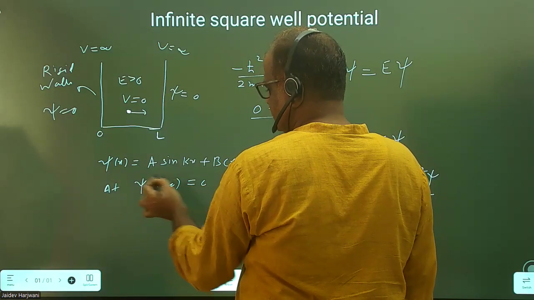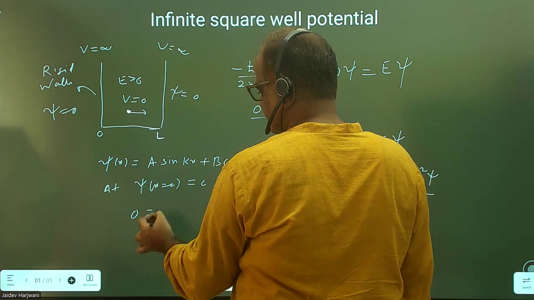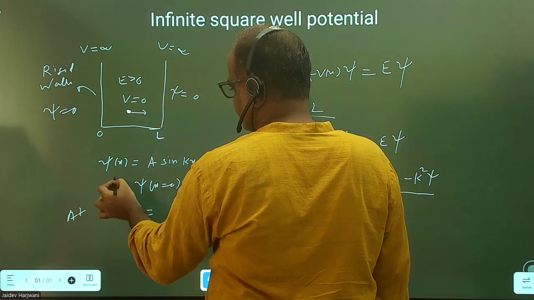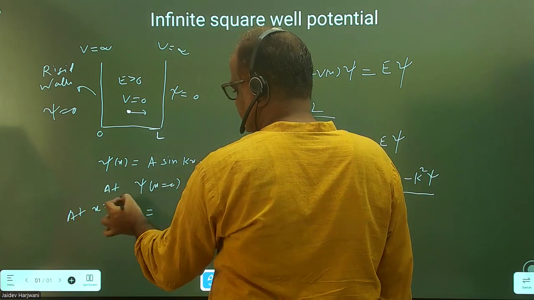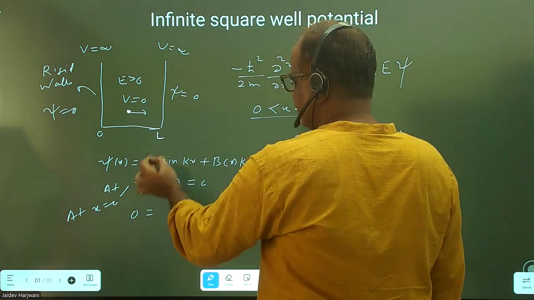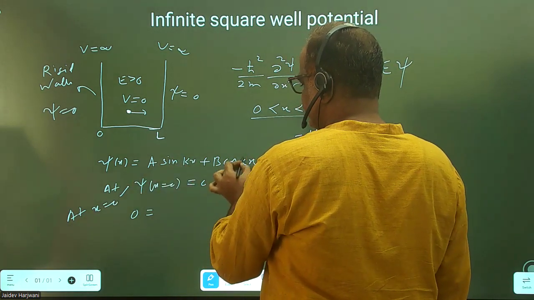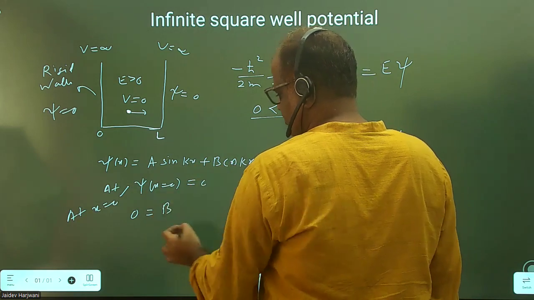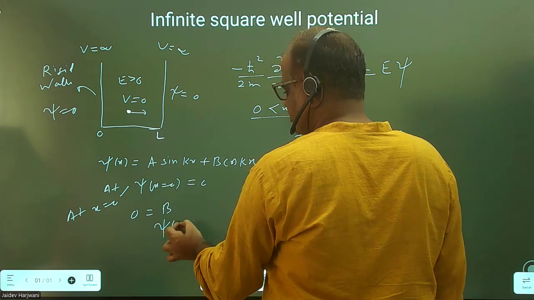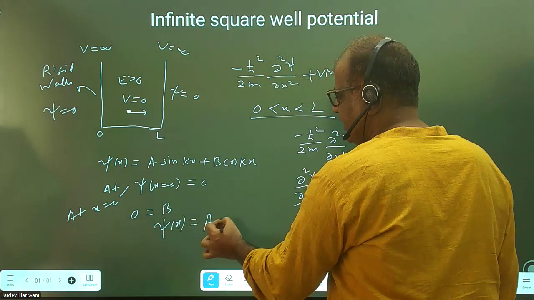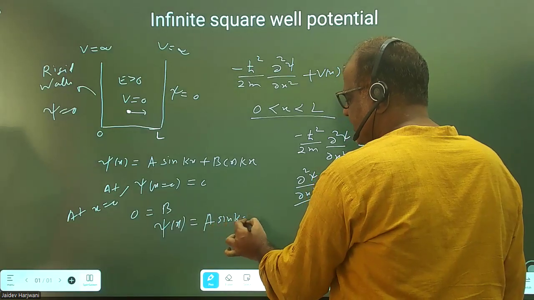Put it in here: the sine term becomes 0, the cos 0 term becomes 1, so only B remains, giving B equal to 0. So now my wave function becomes only A sin kx.